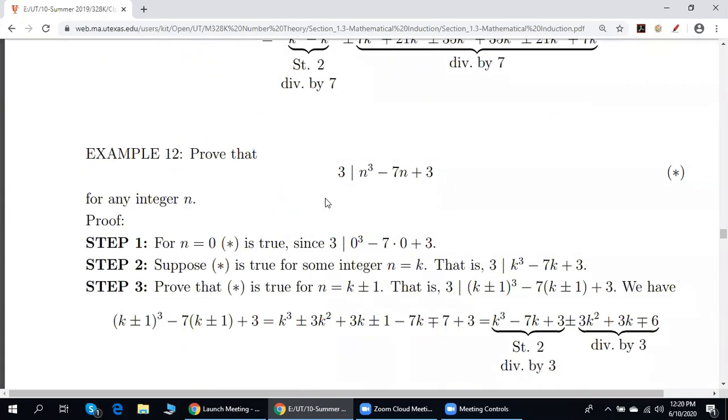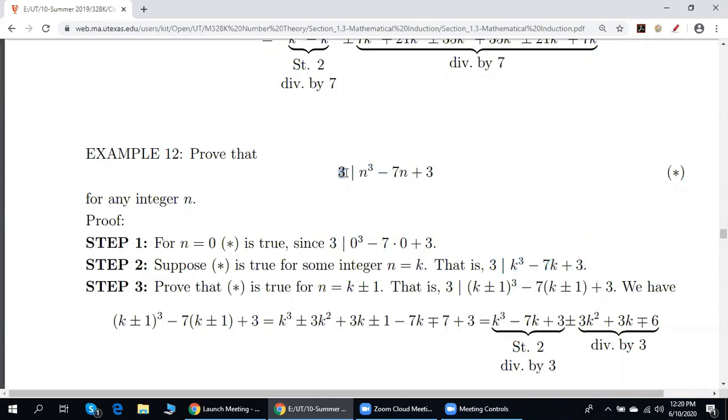Next, let us prove that 3 divides n cubed minus 7n plus 3. Again, as before, for n is equal to 0, this is true because 3 divides 3. Suppose this is true for n is equal to k.